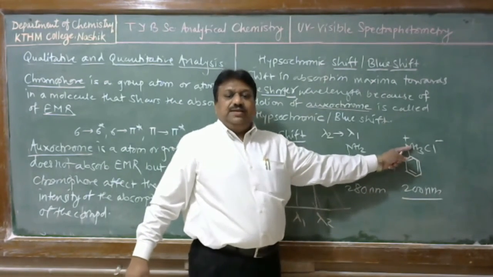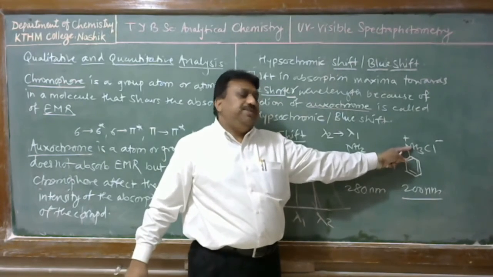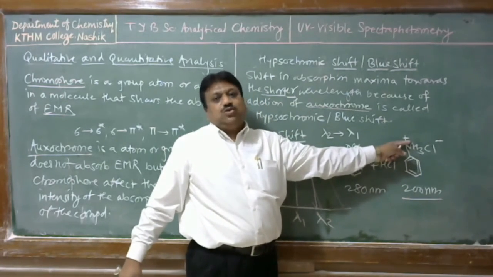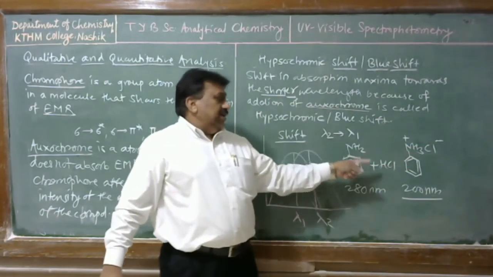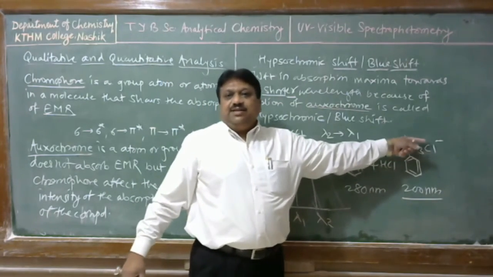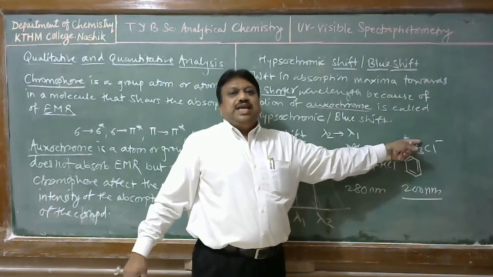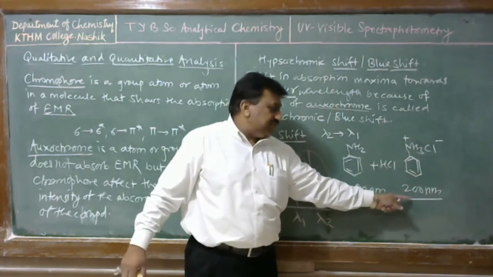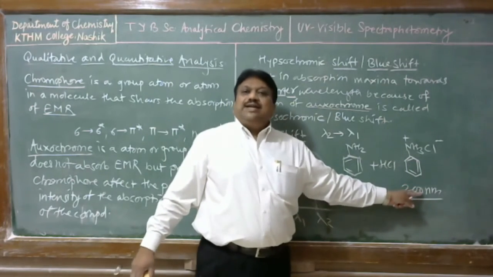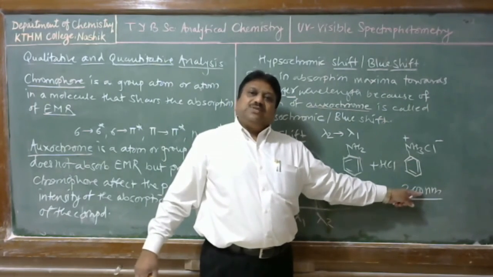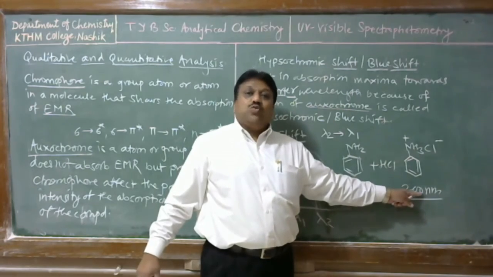The conjugation which occurs because of the presence of lone pair of electrons on the nitrogen gets cancelled because HCl is added along with the NH2, and therefore the absorption spectrum shifted from 280 nanometer to 200 nanometer. This is called blue shift or a hypsochromic shift.